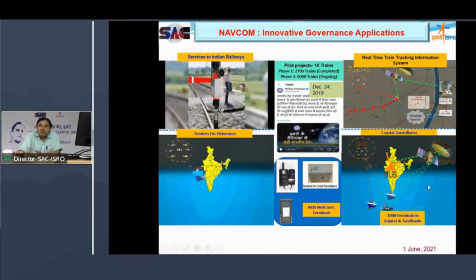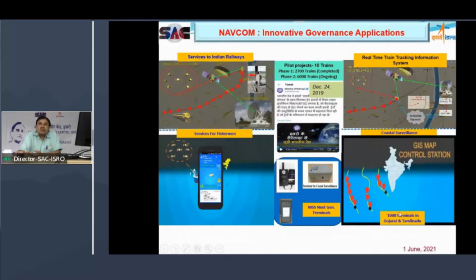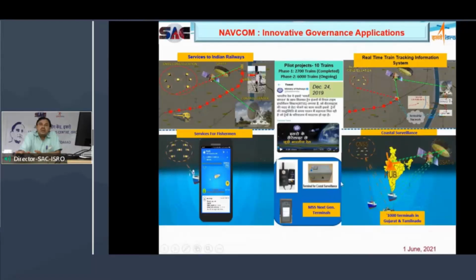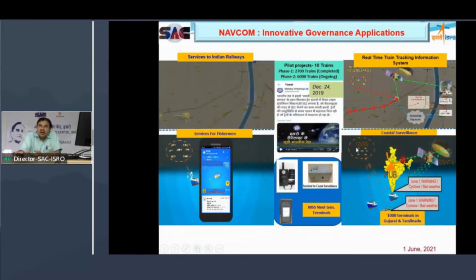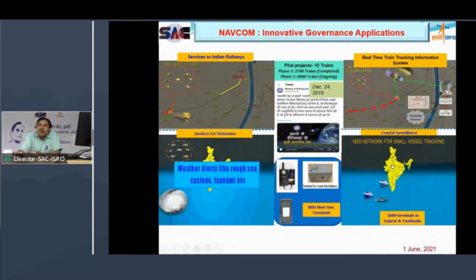There are 4 lakh boats moving in various seas around India. All will be equipped with this terminal. Their location at sea will be continuously monitored by our NavIC satellites, and that information will go to a Navy hub in Gurugram, and they will continuously track the movements of these ships.